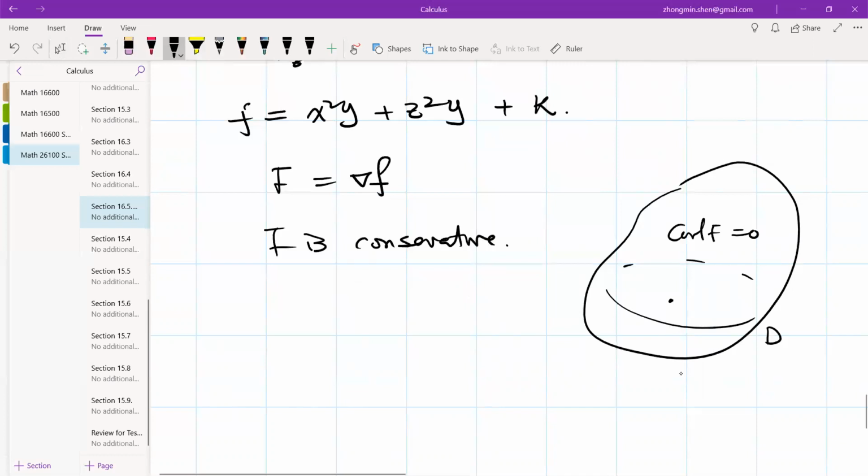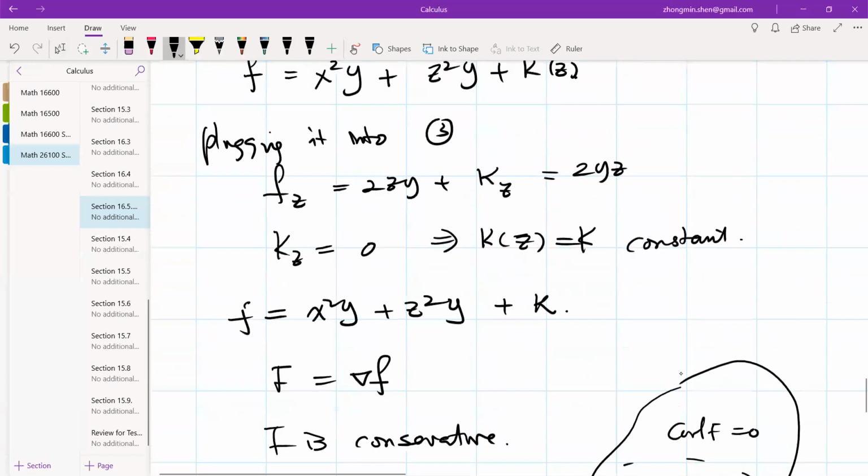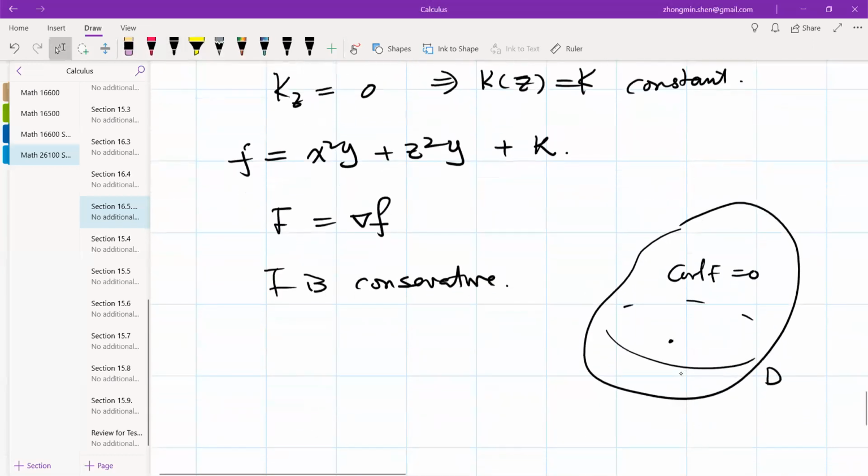The above procedure is just integration. You fix a point, and this is x, y, z.